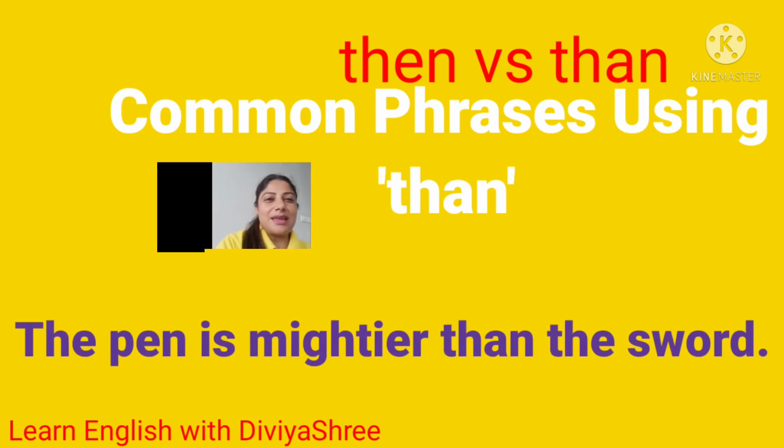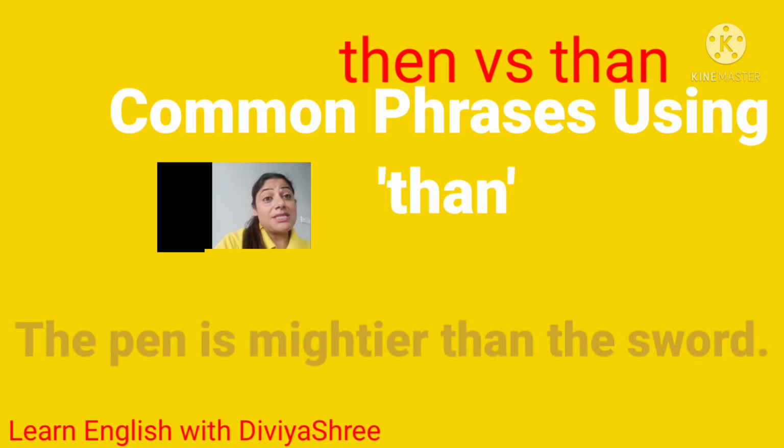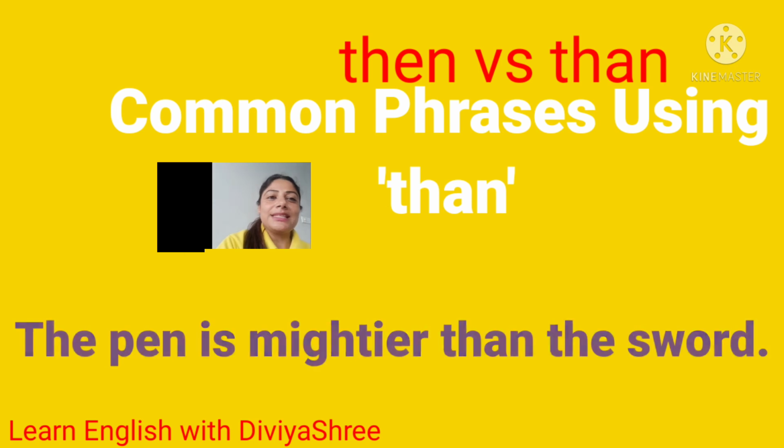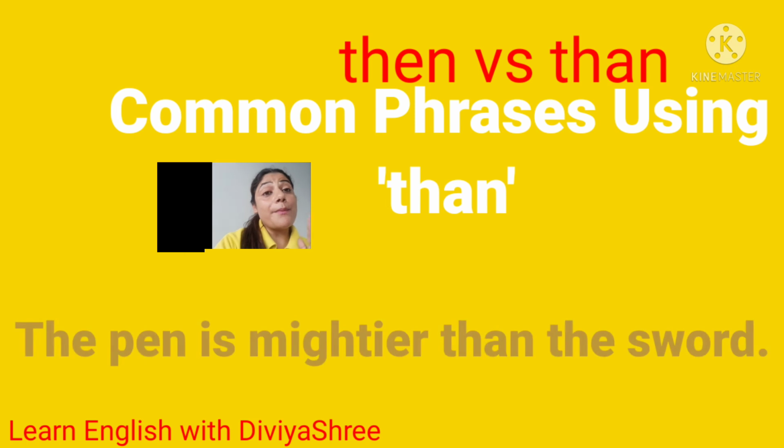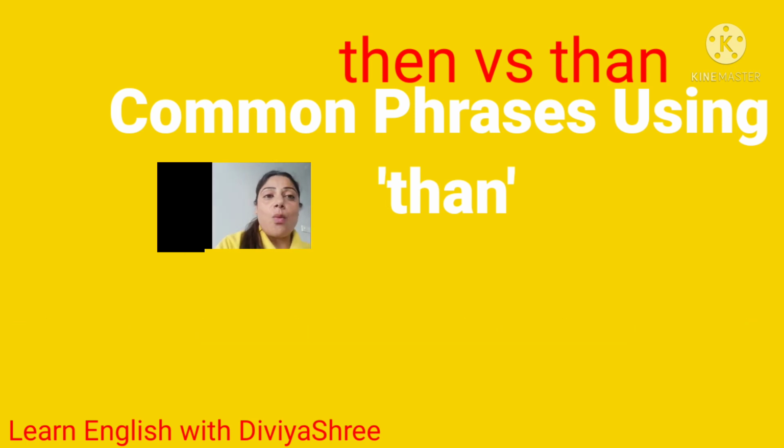Instead of fighting and shedding someone's blood, it's better to use the pen, as they say, the pen runs sharper than the sword, it has more power. So it's like that, the pen is mightier than the sword. So here also we use than. So guys, you can see, because there is a comparison of blood with water, late with never, give with receive, pen with sword.